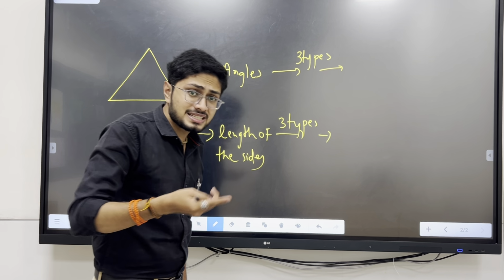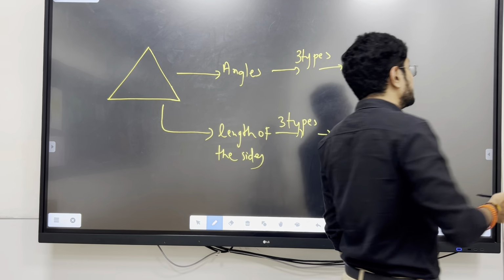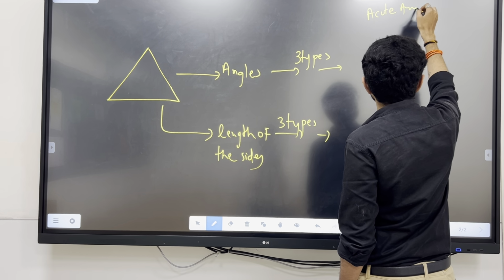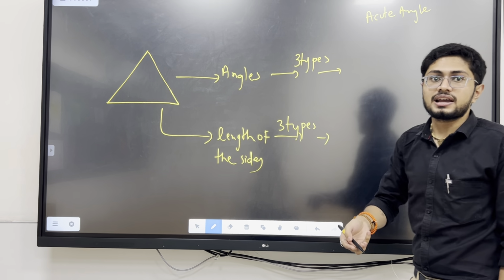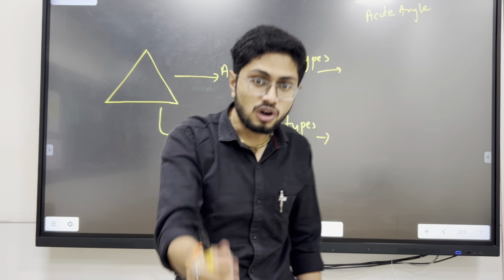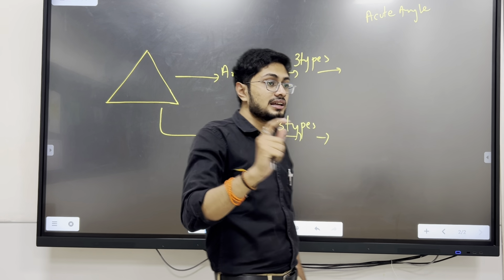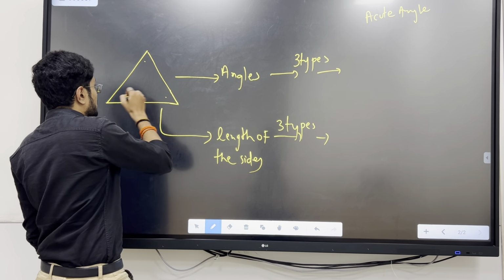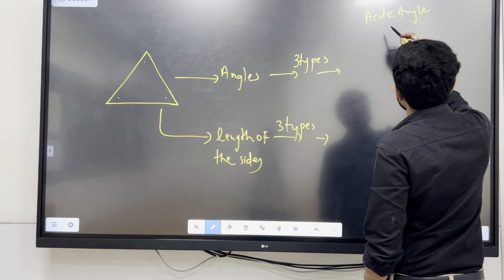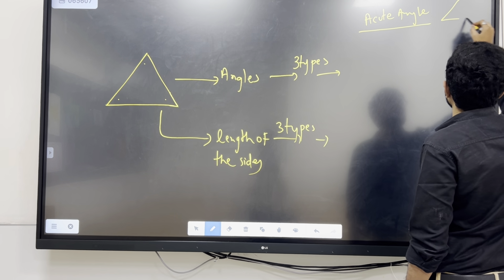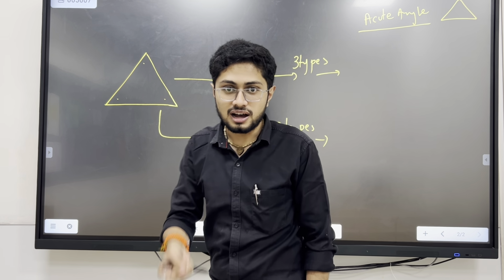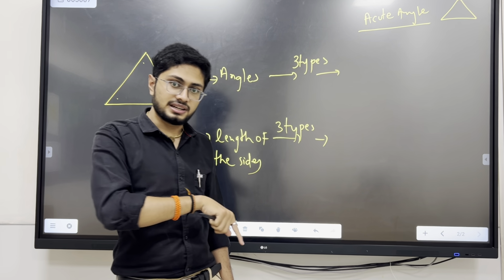We know the concept of an acute angle: an acute angle is less than 90 degrees. In any triangle, if all three angles are less than 90 degrees, it is known as an acute angle triangle.